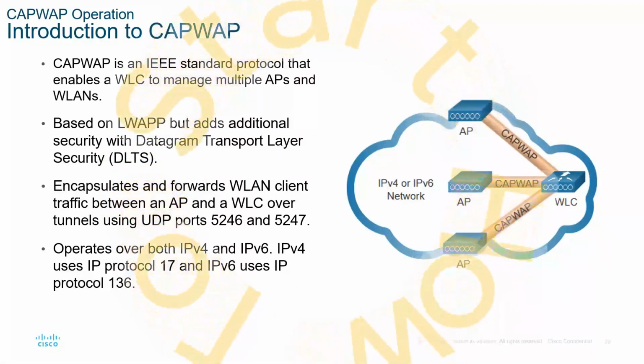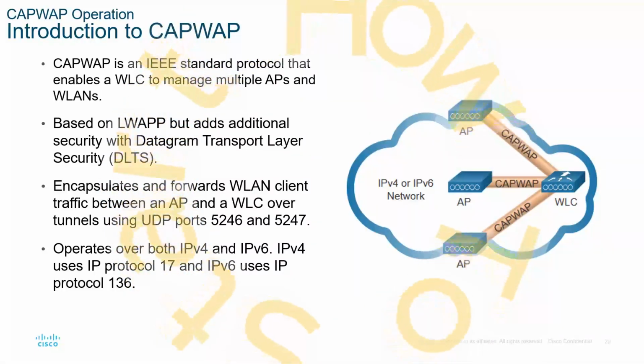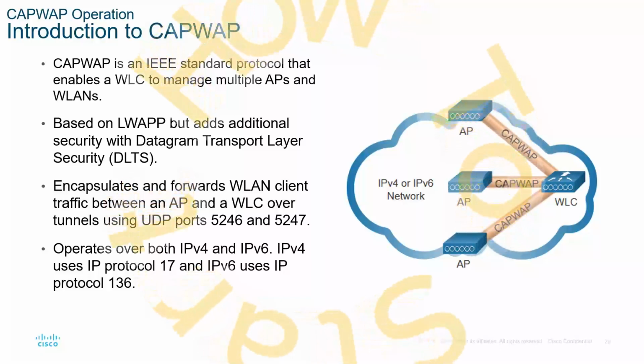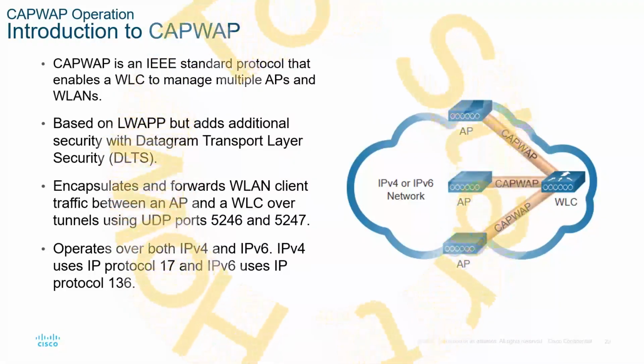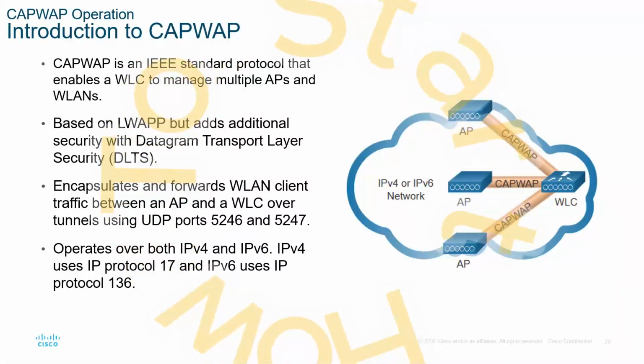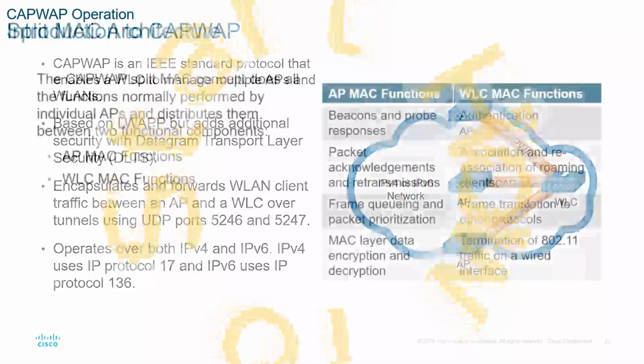It operates over both IPv4 and IPv6. Underneath IPv4, it will use IP protocol 17, and underneath IPv6, it will use IP protocol 136. So again, CAPWAP is the protocol used for communication.